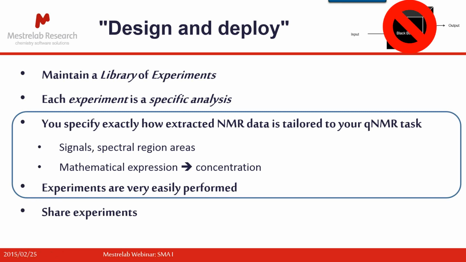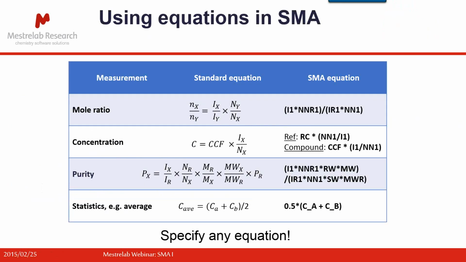So that's the big one that I'm going to be really focusing on a lot in the second webinar and really glossing over today. The equations that are involved in converting areas into concentrations and so on are these types of textbook equations that you'll see all the time. Mole ratios are this type of thing.